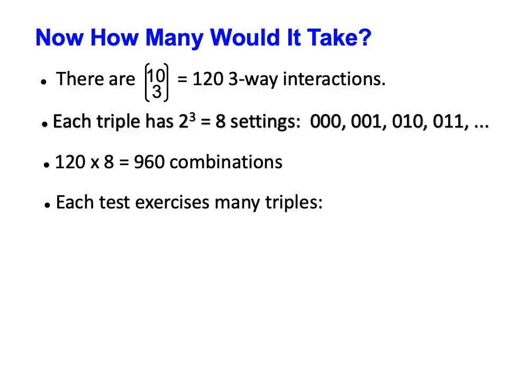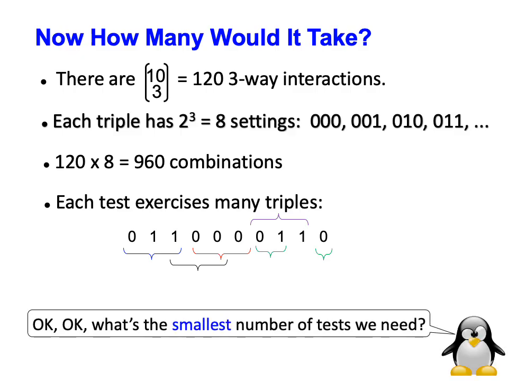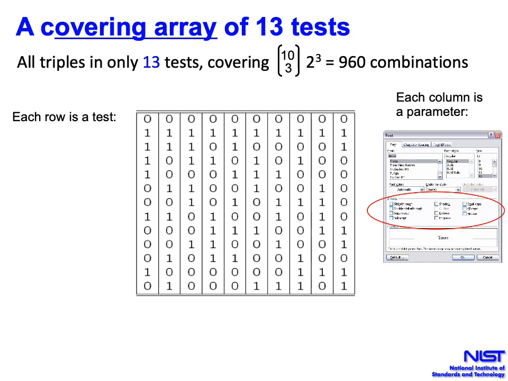But each test includes many triples. Actually, it includes 10 choose 3, or 120 triples. So we want to know what's the smallest number of tests that would be required to test all three-way combinations. To do that, we can use a covering array. A covering array, in this case, of 13 tests covers all of those 960 combinations.